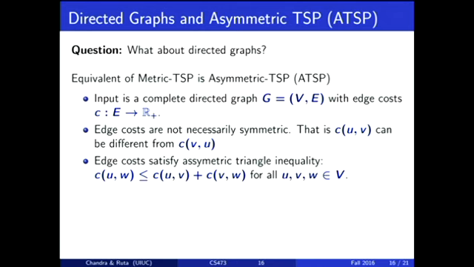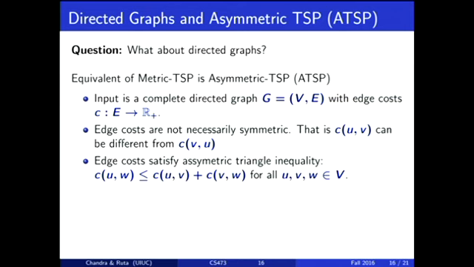So what does it mean really, right? One way of thinking about it is I make the graph a complete directed graph now. That means that every pair has this way and this way. But because it's a directed graph, the length of the edge from u to v can be different from the length of the edge from v to u. Okay?